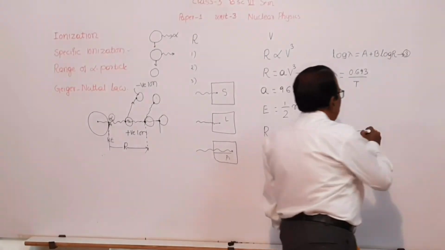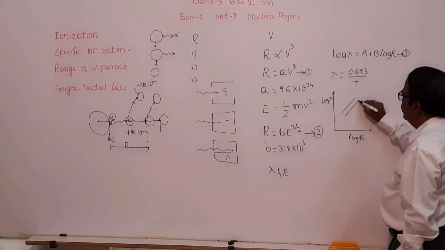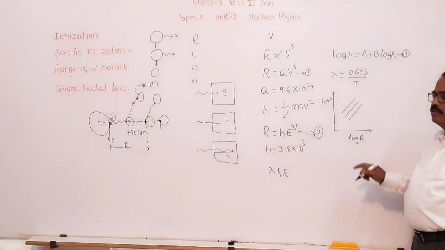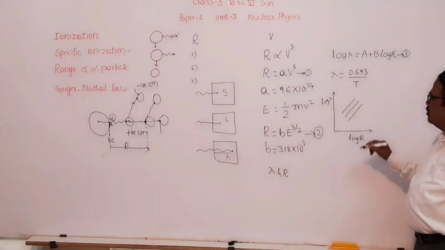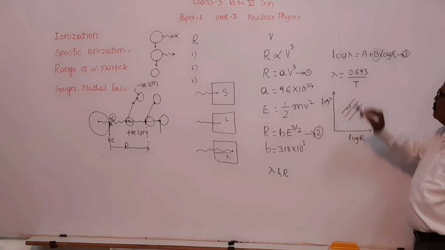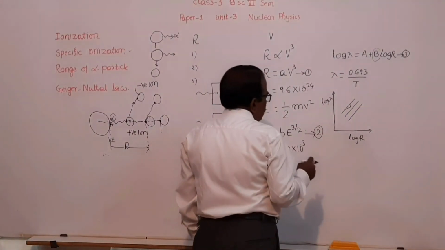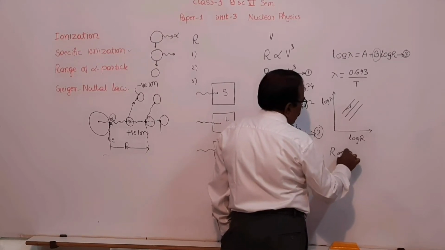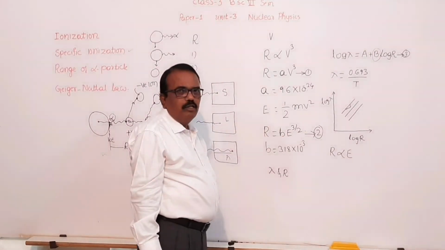So for radon, they got a straight line. For thorium also they got a straight line. Like that, for different radioactive elements, a straight line is obtained by taking log R versus log lambda, and the slope of this straight line gives this B. So it is constant for all radioactive elements. Also you know that R is directly proportional to E. Here range is directly proportional to energy.